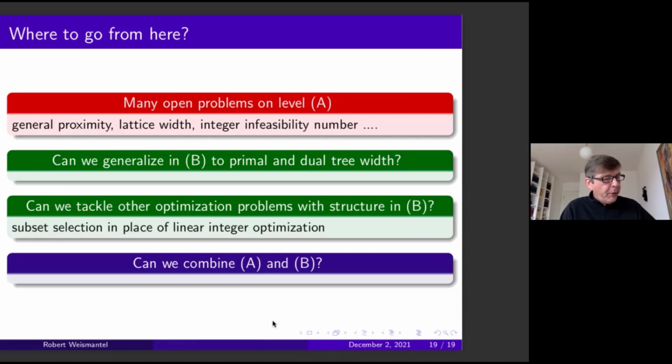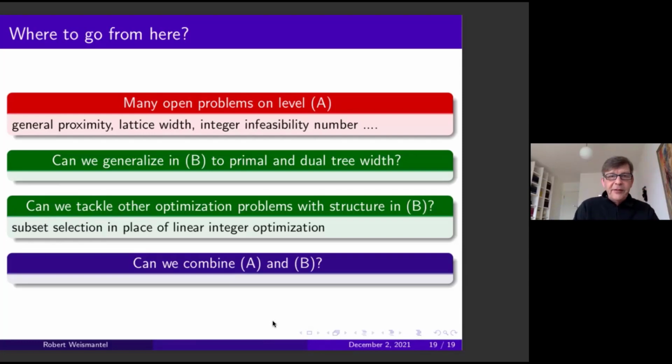There are many open problems on level A: general proximity, lattice width, integer infeasibility number, etc. The second thing which I would find interesting, in this last theorem where you get the minimum of T0 and S0 in the exponent for the dependence on n, is to get something similar, a minimum, for primal and dual tree width.